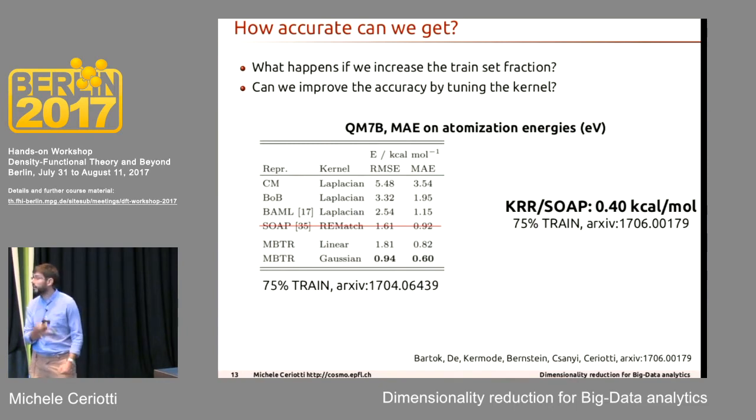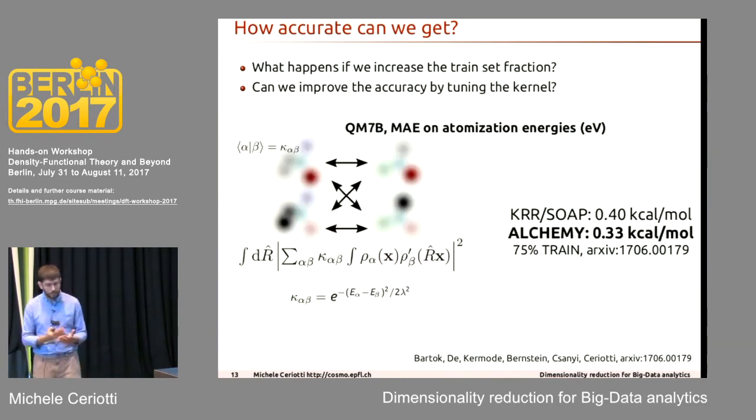And how can you do better? Well, you can learn a lot from how you can do better. So in the construction of the overlap integrals that enter these SOAP kernels, you normally assume that you only overlap oxygen with oxygen, sulfur with sulfur, carbon with carbon, and hydrogen with hydrogen.